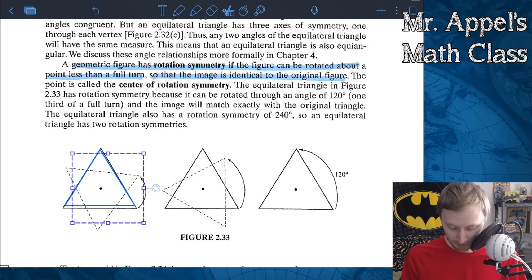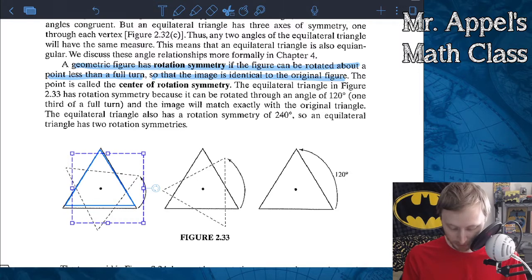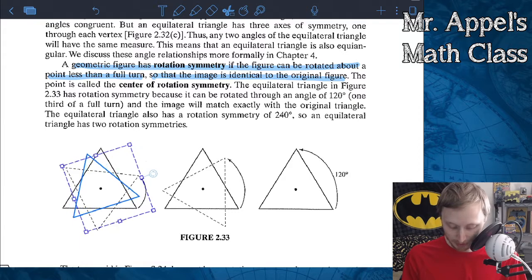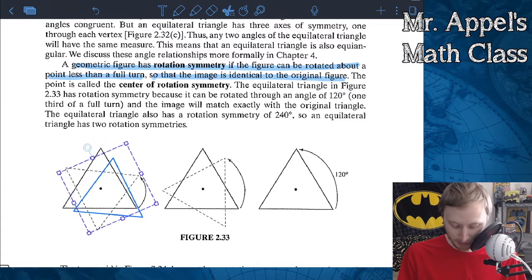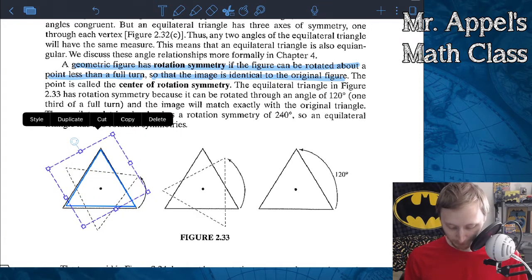I use my tool here, and I get a little rotation. So notice where my little rotation tool grabber is. It's on the right hand side, and I rotate this around, and the triangle matches up. Oh, I kind of shifted off to the side there. I didn't perfectly center it, right? But I haven't gone all the way around, and yet I match up still.